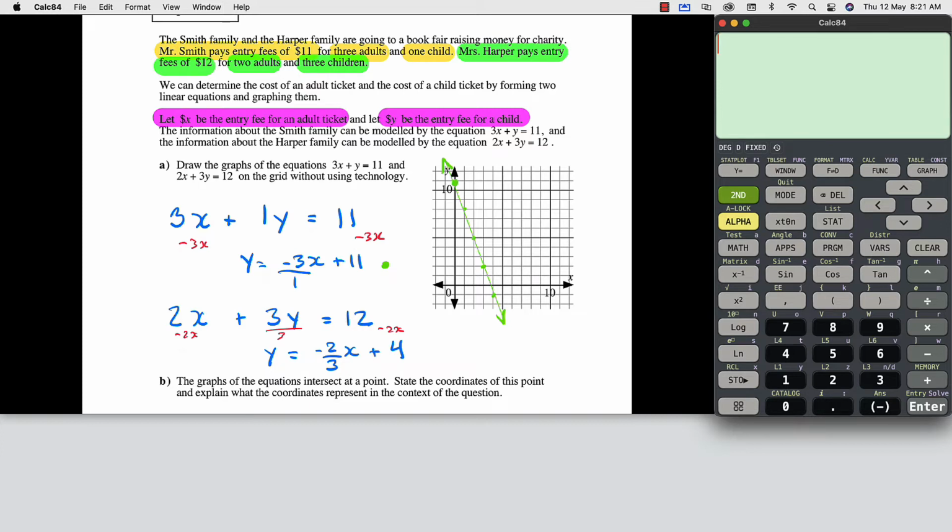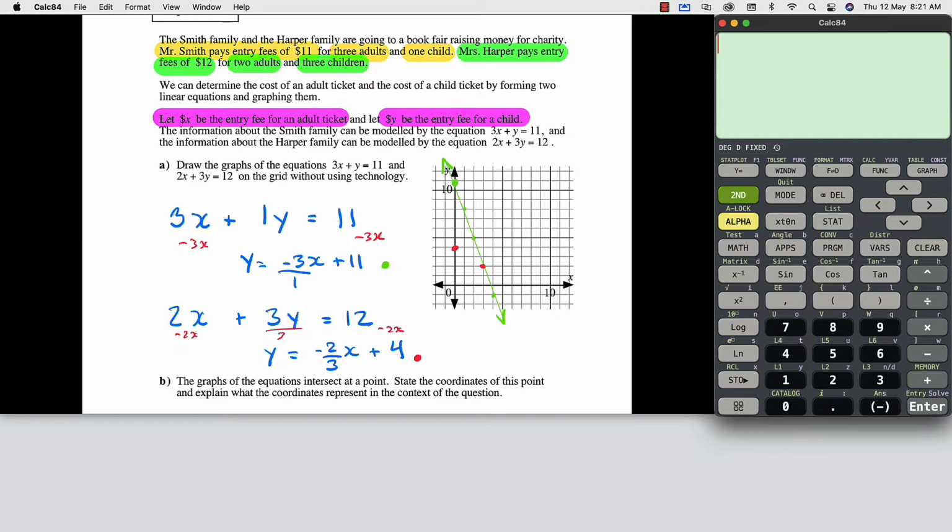Now let's take a look at the second one. I'll use red for that one. It's got a y-intercept at 4, and it has a slope that is down 2, right 3. So down 2, right 3, and right away we land on that point from the other line.